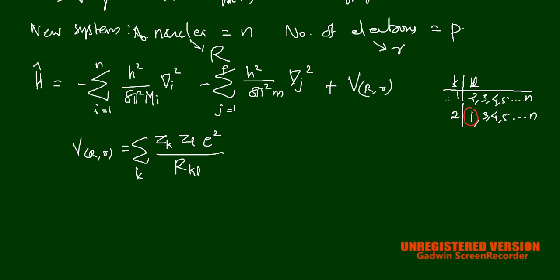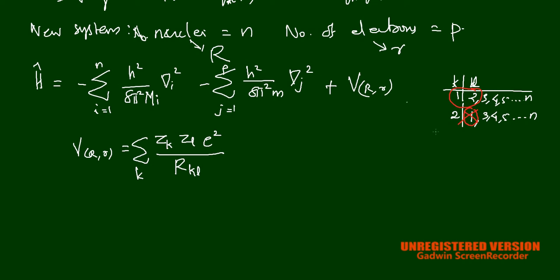You have already spoken about the interaction of the first nucleus and second nucleus here itself. If you are again talking about the interaction of the second nucleus with the first nucleus, that is the same, so it will be a repetition. Therefore, you should not include it when you are talking about the interaction of nucleus 2 with other nuclei.